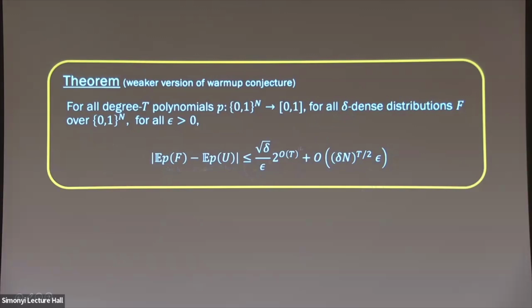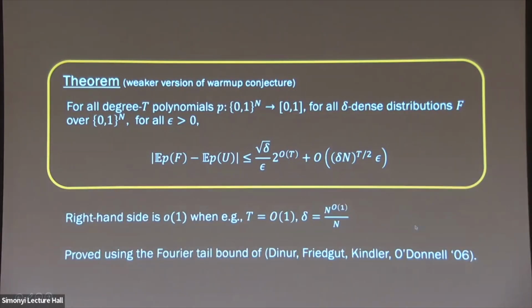The important thing to pick out here is that the dependence on T is exponential rather than polynomial. So that's the thing we don't want. If you could get this dependence to be polynomial in T, that would be absolutely great. But it does give non-trivial bounds when the degree is constant and the min entropy, the denseness, is some inverse polynomial in capital N.